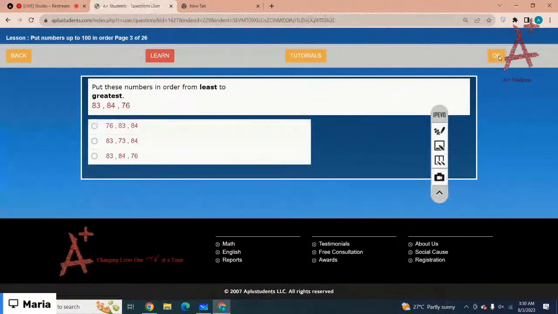Okay, put these numbers in order from least to greatest. 83, 84, 76. Which is the correct option? You have to write the least one first, right?